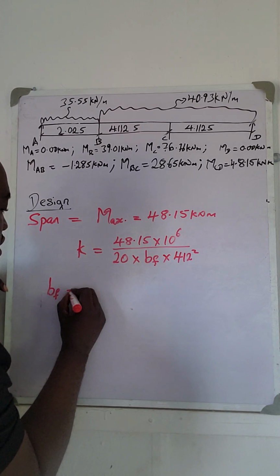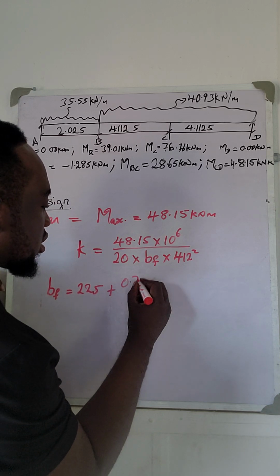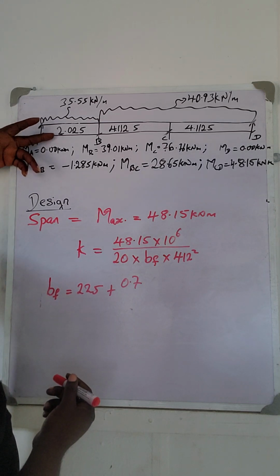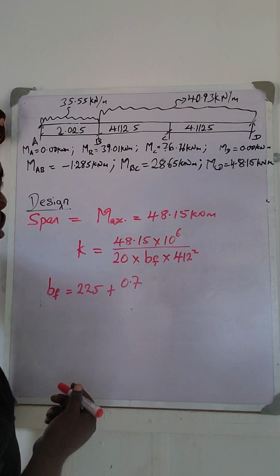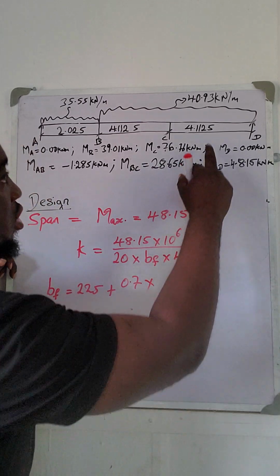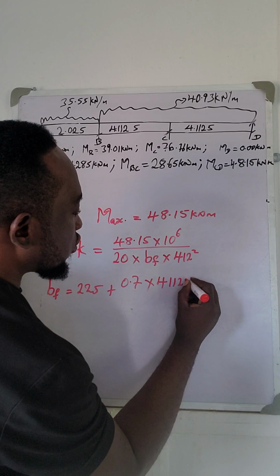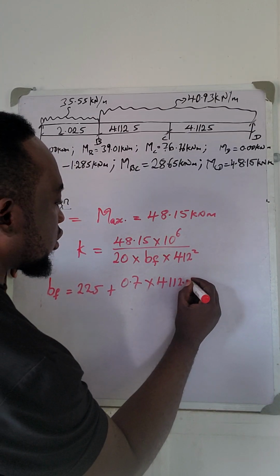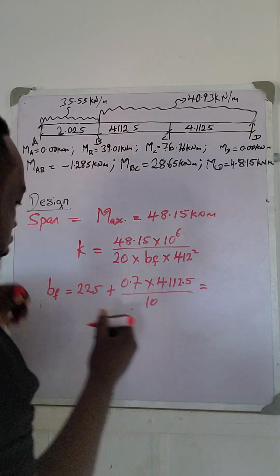Now we want to get the value of our bf. bf is equal to 225 plus 0.7 multiplied by, let me use 4112.5, because this is the maximum moment, over 10.